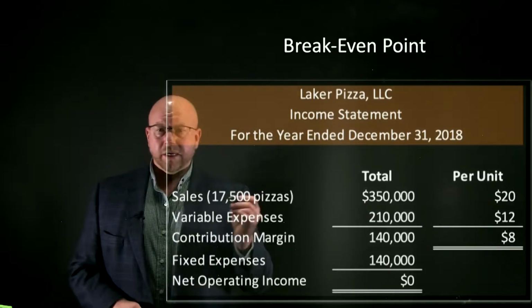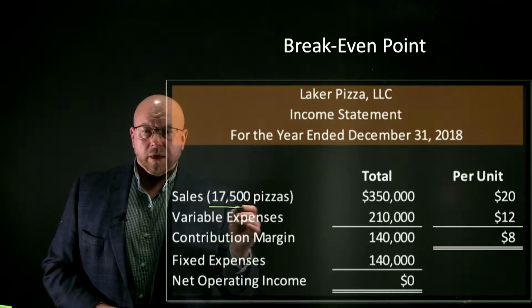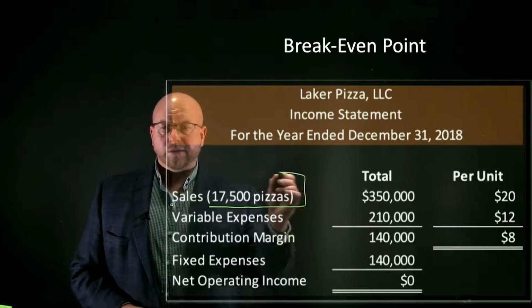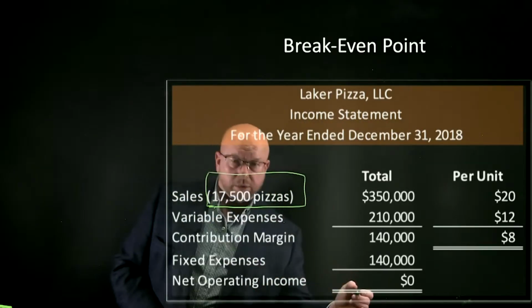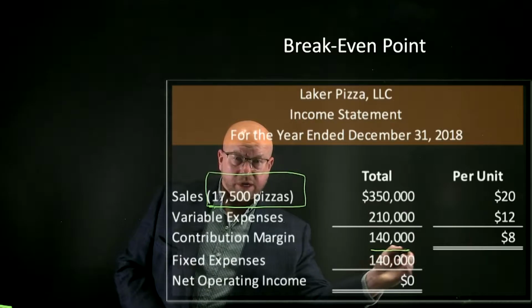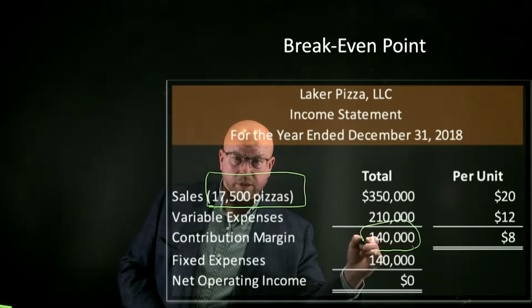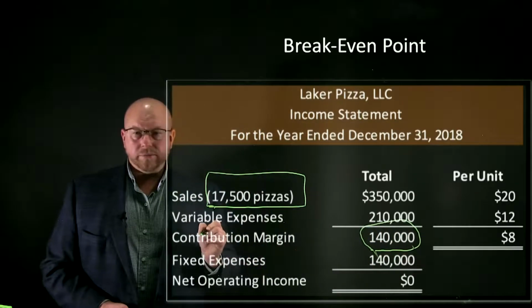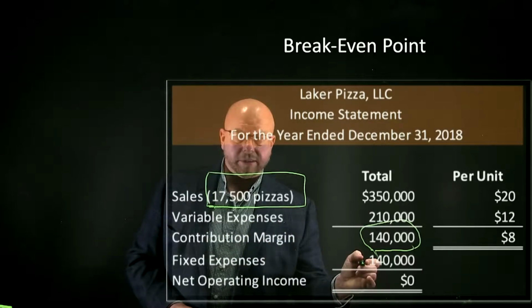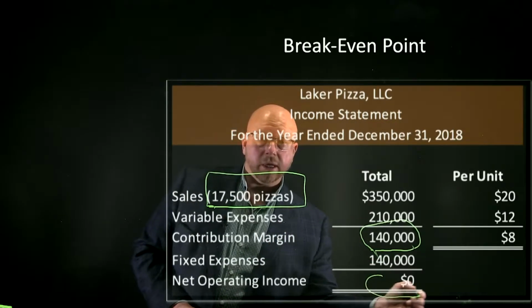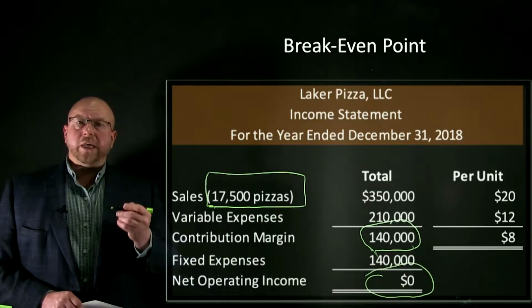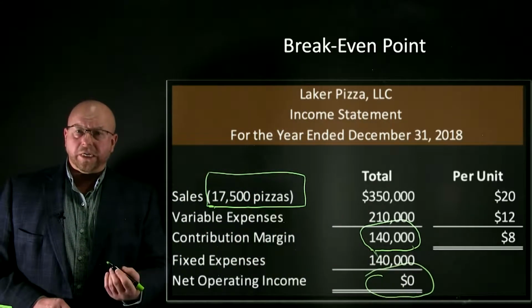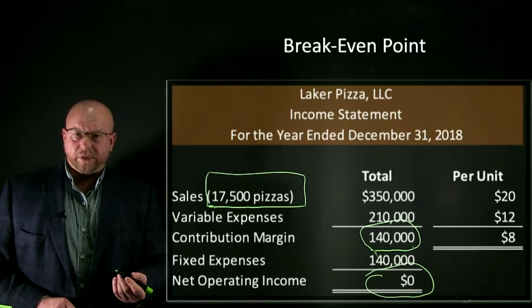In this case, since it's a pizza restaurant, if we sell 17,500 pizzas, then we're going to generate just enough contribution margin, $140,000, to cover our fixed expenses. No more, no less. And that doesn't provide us with a profit, but at least we're not losing money. At least we're not generating a loss at this level of activity.